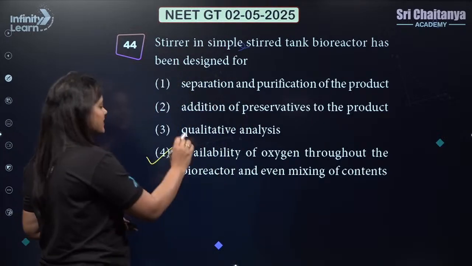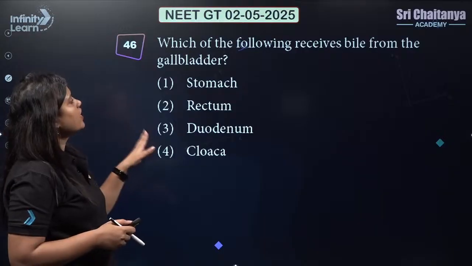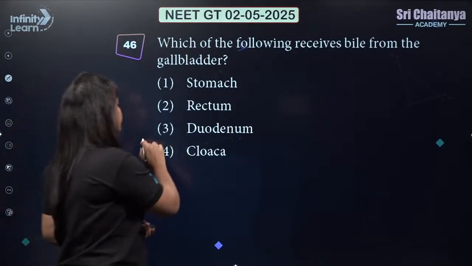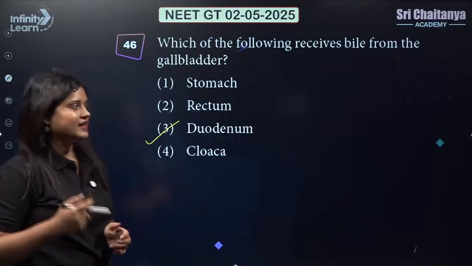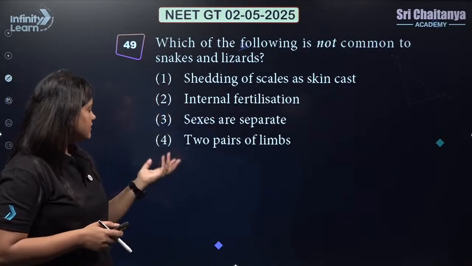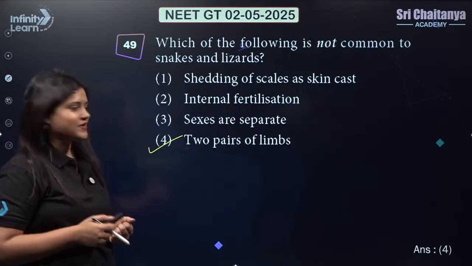Right? So it should be 4. Yes? Very good. Which of the following receives bile from the gallbladder? That should be duodenum. That means 3. Right? Which of the following is not common in snake and lizard? Definitely 2 pairs of limbs are not present in snakes. So it is 4. Easy question.